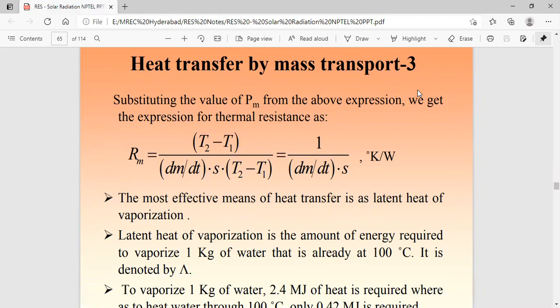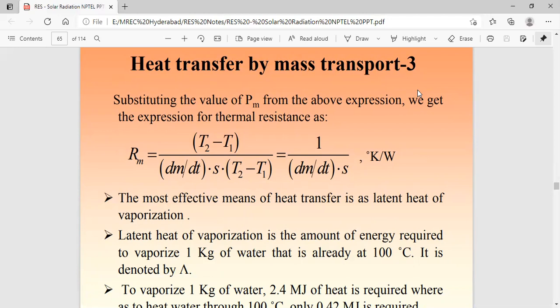The most effective means of heat transfer is the latent heat of vaporization. Latent heat of vaporization is the amount of energy required to vaporize 1 kg of water that is already at 100 degrees centigrade.